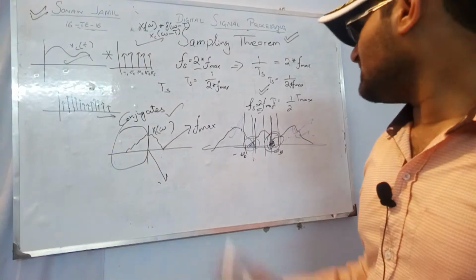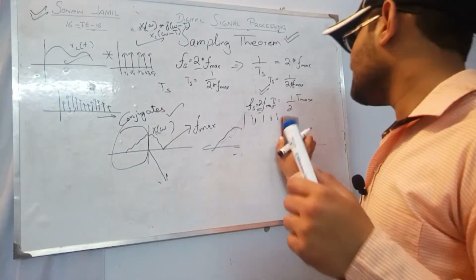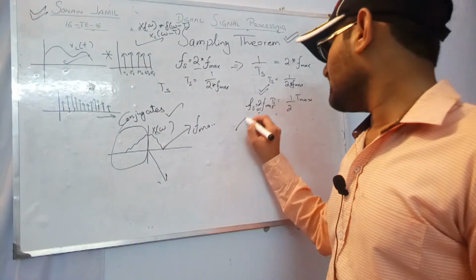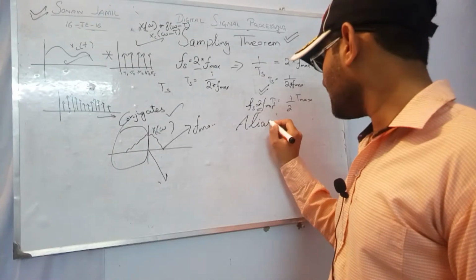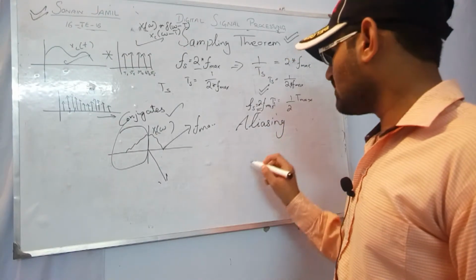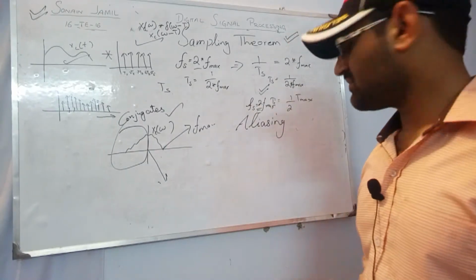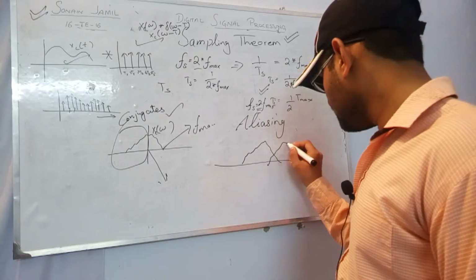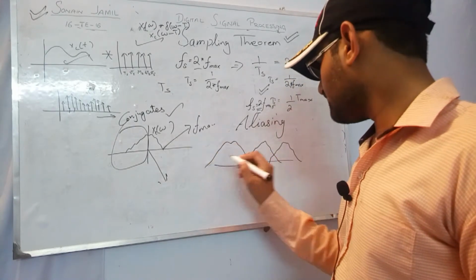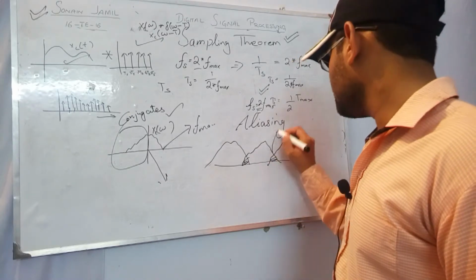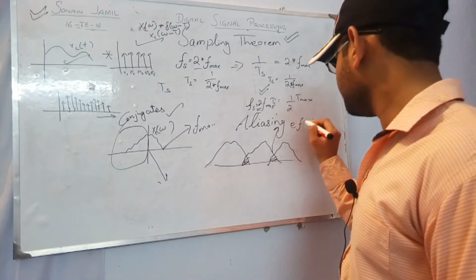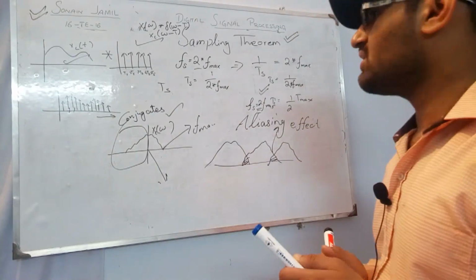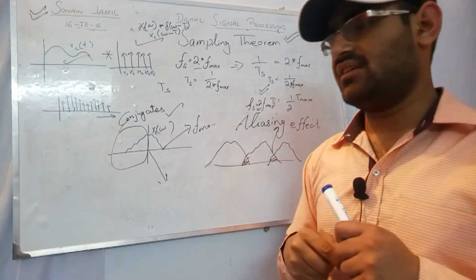This overlapping of the signal is called aliasing. Suppose this one. This is the aliasing effect. So how can we overcome this aliasing effect?